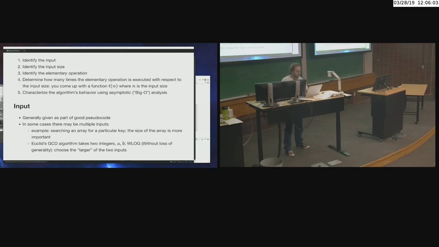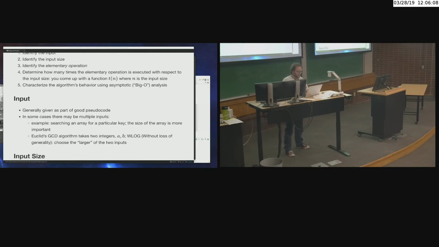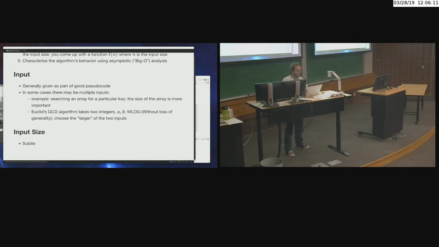You can also get in trouble with input sizes, even though it looks like it's simple. It's subtle, but important, and may be tricky. For certain things, like if your input is a collection, then it's the size of the collection. What other types of inputs have you encountered so far? Lists and arrays, those are collections, so that would fall under there. What other things have you processed so far?